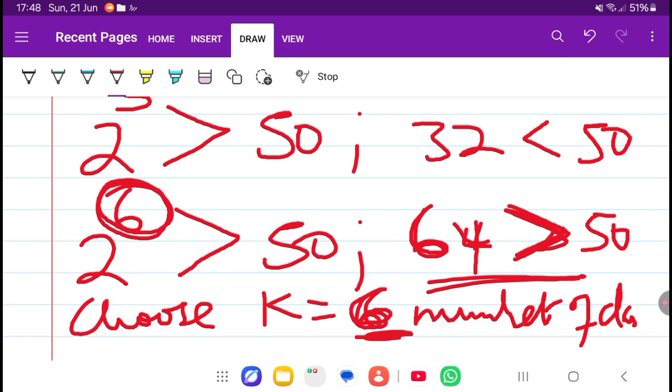But if we are to use 5, 2 to the power of 5 gives us 32. It means we will not accommodate all this number of observations. So that's the small logic that you can use to do the computation.